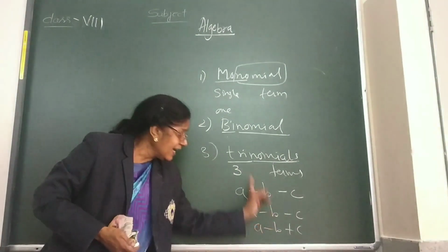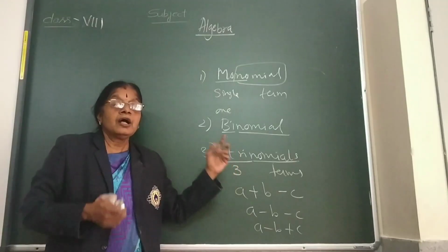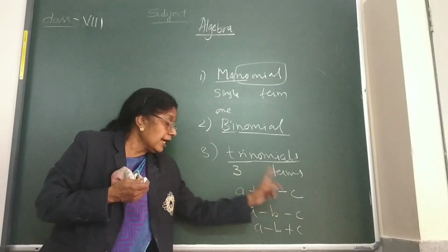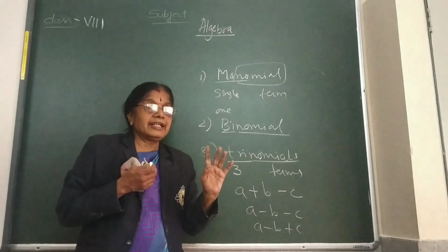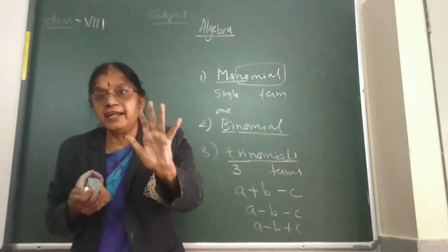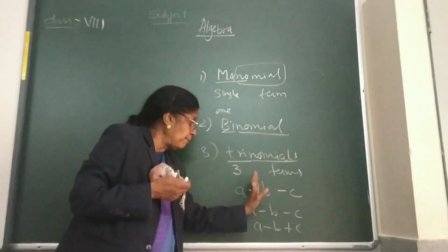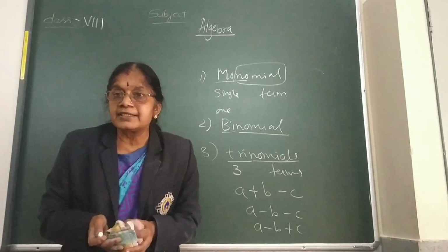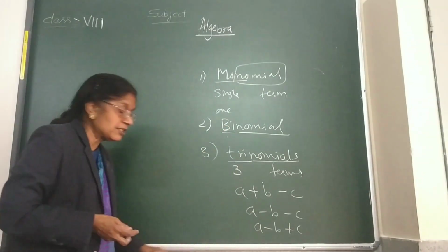All three examples are trinomials. How many terms are there? 1, 2, 3. All three variables should be different, with a plus or minus sign in between. Then such an expression is called a trinomial.